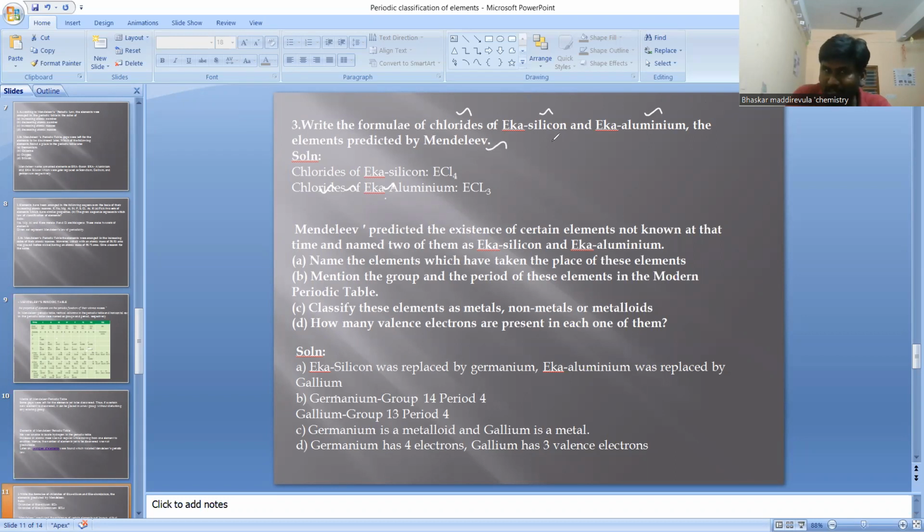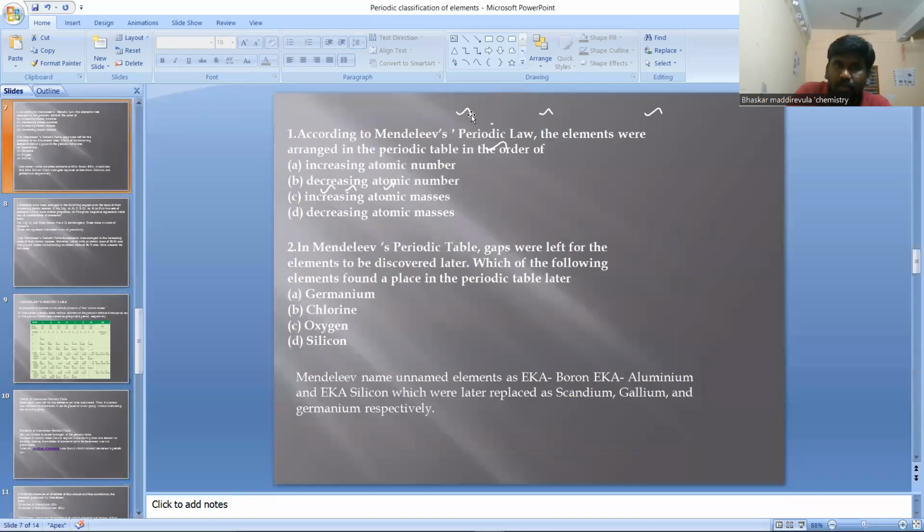So already I said: Eka boron became scandium, Eka aluminum became gallium, and Eka silicon became germanium. Scandium belongs to the third group.